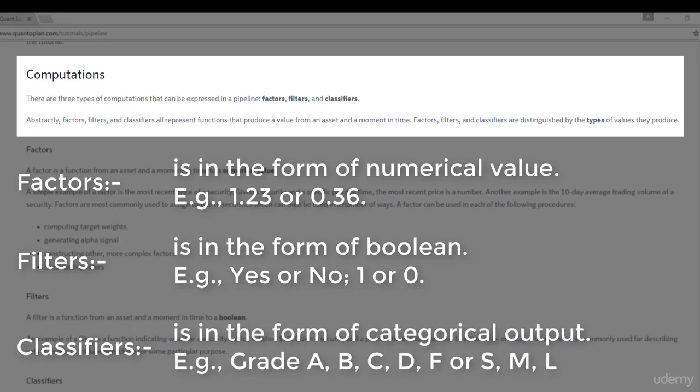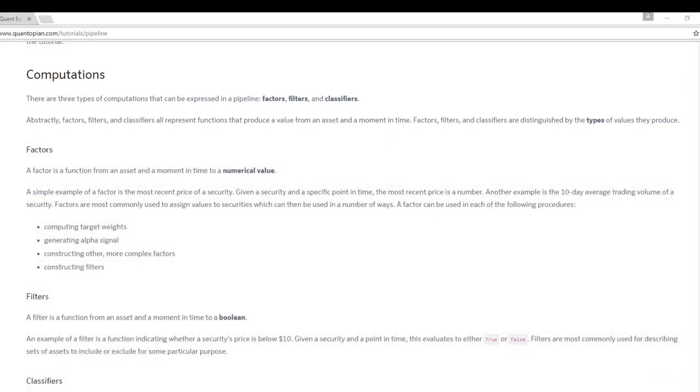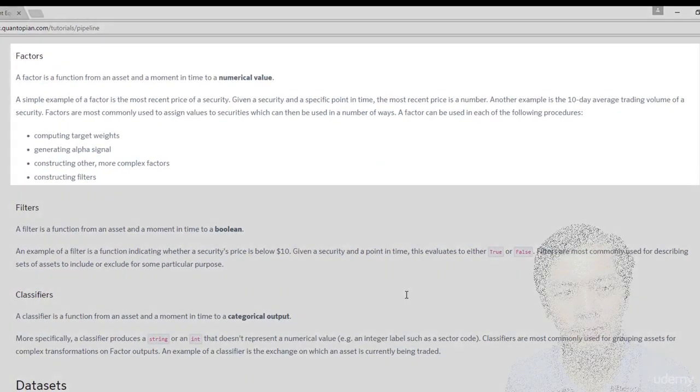If I use student grades, for example, it will be A, B, C, D, F. Those are the categorical outputs that we are referring to. Those categorical outputs could be in the form of strings or integers. So let's look at the definitions provided on the Quantopian tutorial website. Let's start with factors.